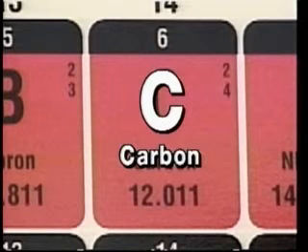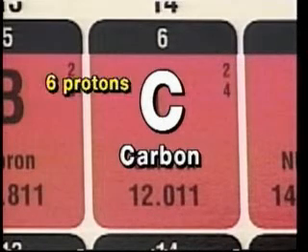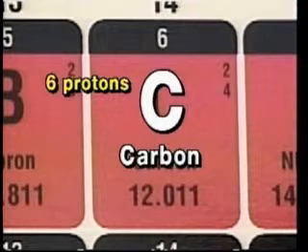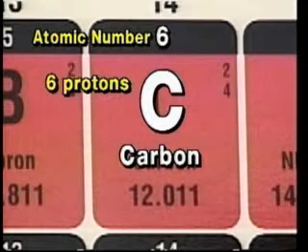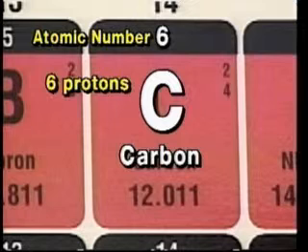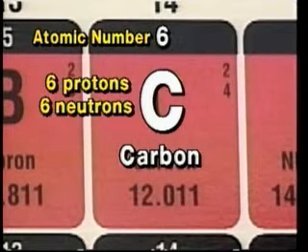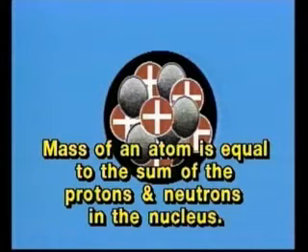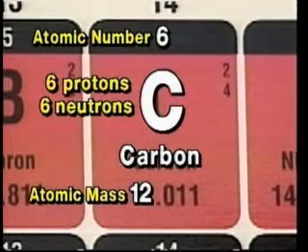The letter C is the symbol for carbon, whose nucleus contains 6 protons, giving carbon the atomic number of 6, with 6 neutrons also in the nucleus. Since the mass of an atom is equal to the sum of protons and neutrons in the nucleus, the atomic mass of carbon is 12.